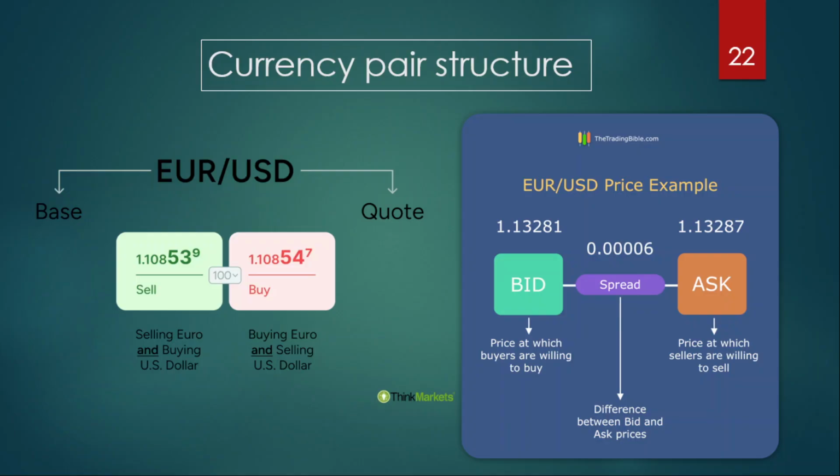You would say 1.13287 minus 1.13281. This would give you the spread of 0.0006. So this is how you could manually calculate the spread: ask price minus bid price gives you the spread.